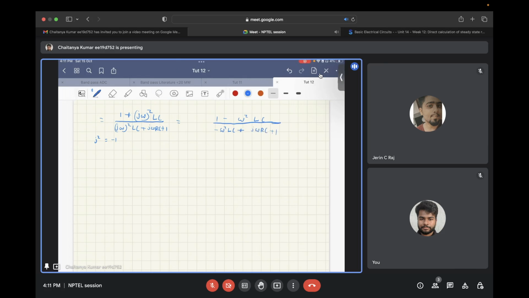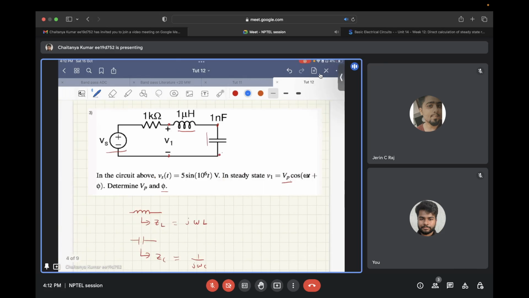Now, this is a complicated expression, and to do a sanity check, you can look at whether this expression makes sense or not. Let's try to find out what will happen at omega equal to 0. At omega equal to 0, your inductance will be short circuited and the capacitance impedance will be infinite. So the transfer function from Vs to V1 will be equal to 1, because this resistor won't have any voltage drop across it if it has a capacitor in series, in case of DC.